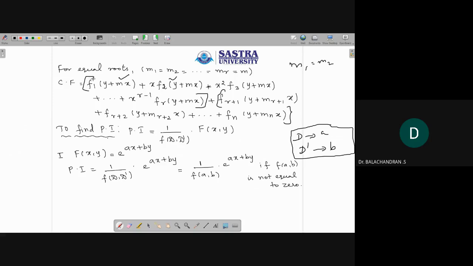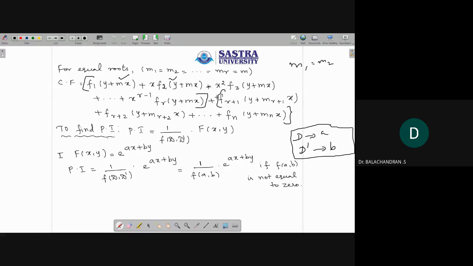So this is for equal roots. The remaining is for distinct roots: f(r+1)(y + m(r+1)x), and so on, plus fn(y + mnx). So here we have only equal and distinct roots.